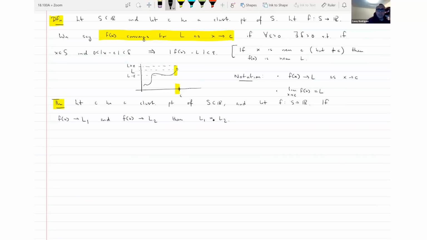This is what I mean by uniqueness, that a function can only have one limit as it approaches a point c.